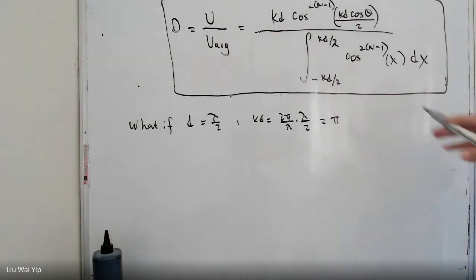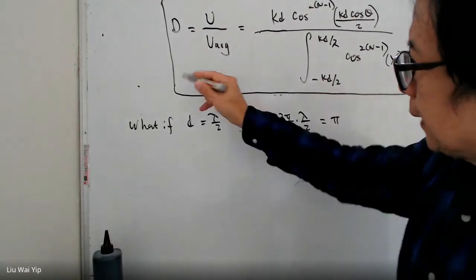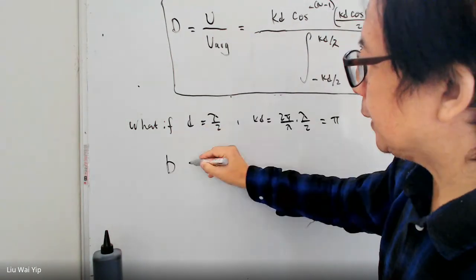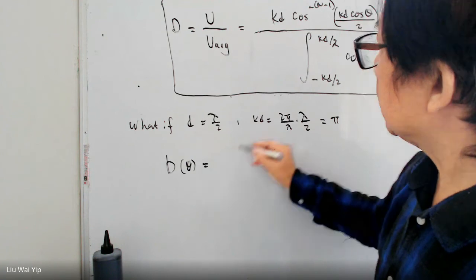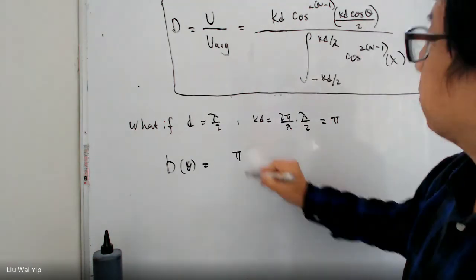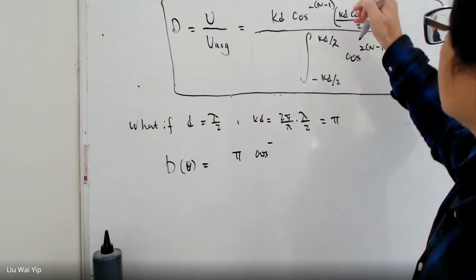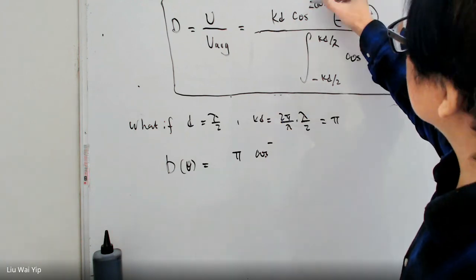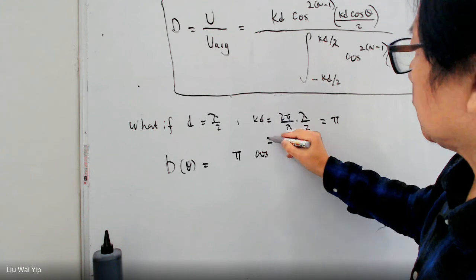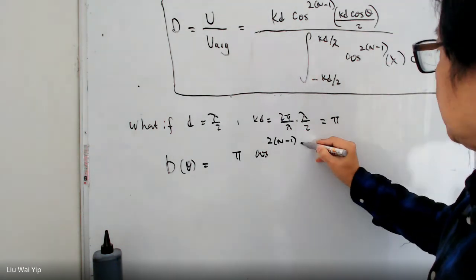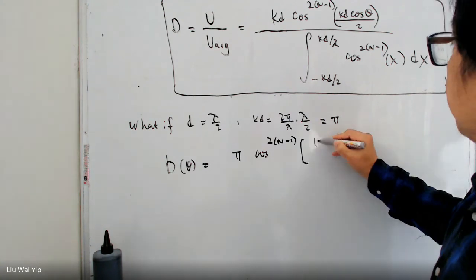And if this is the case, then the directivity, which is the function of beta, is going to be 2 and then the big bracket of function.